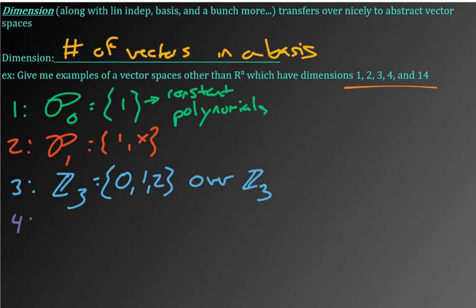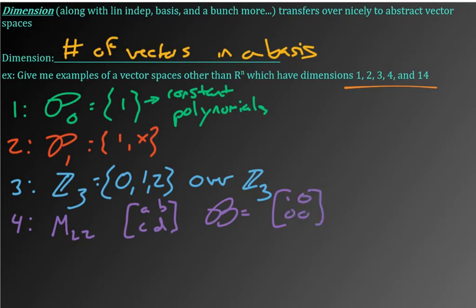For 4, let's do M2 by 2. M2 by 2 is your set of 2 by 2 matrices, and here you're thinking of them as real valued matrices. A basis in this one needs basically a 1 in each spot, which would give me 4 matrices, right?